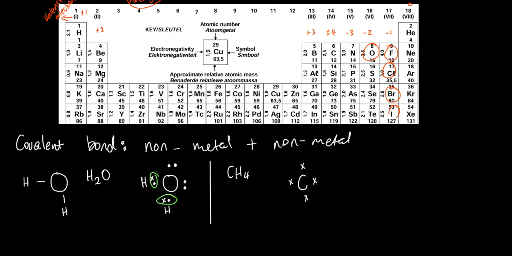Where are those hydrogens going to go? The first hydrogen comes here and they form a bond. The other one comes here, they form a bond. The other one, they form a bond. The other one, they form a bond. So this will be written as C bonded to H, H, H, and H. That is the structure of CH4, which is called methane.